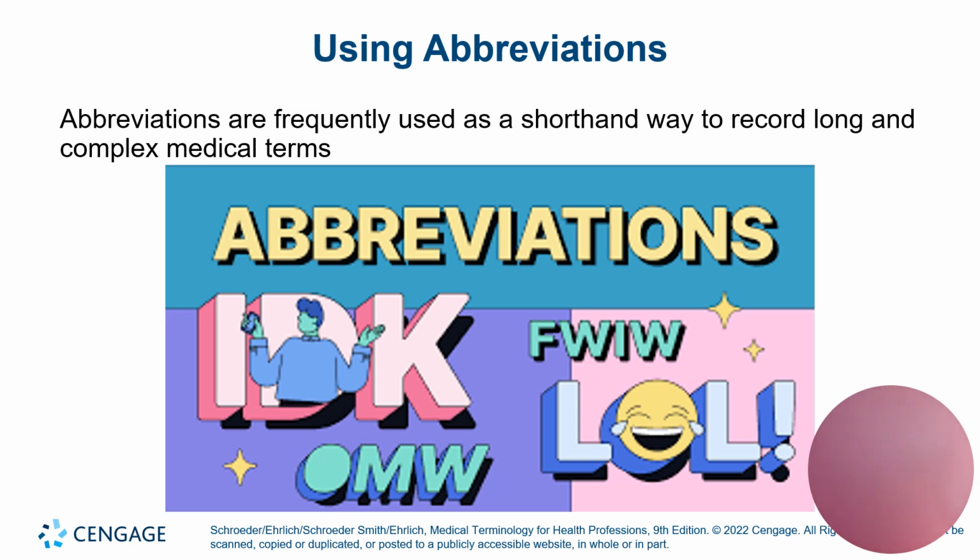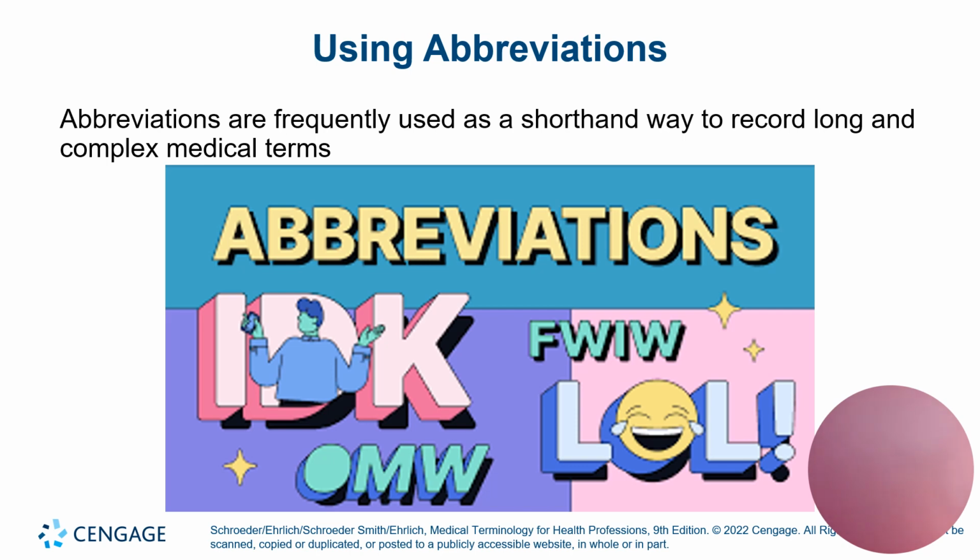There are several abbreviations that are on what we call the do not use abbreviation list. This is published by the Joint Commission. They have an official list of commonly confused do not use abbreviations because these abbreviations have led to potentially fatal medical errors. For example, if we use the abbreviation MS, that can mean morphine sulfate, but it can also mean magnesium sulfate, two very different medications.